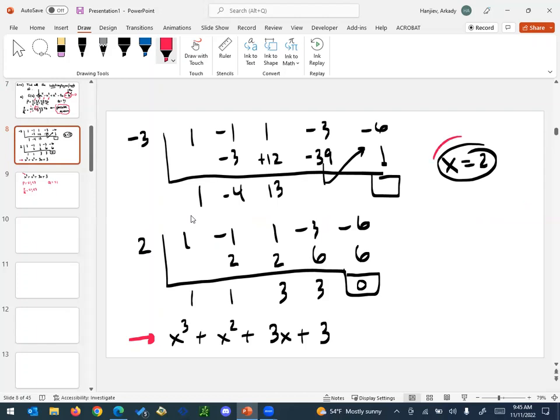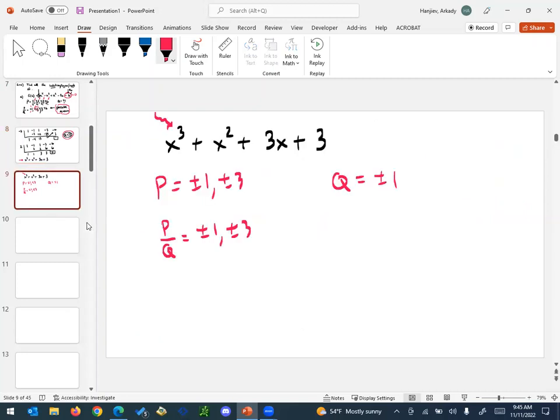So this is an answer. We're just looking for more answers, and the process starts all over again. So here it is: x cubed plus x squared plus 3x plus 3. All the different ways I can get a 3 right here. All the different ways to get a 1 right there. And we start over again.